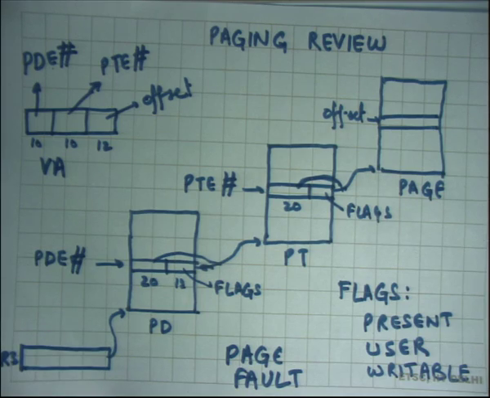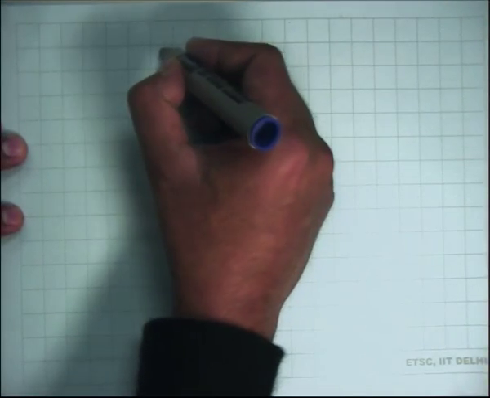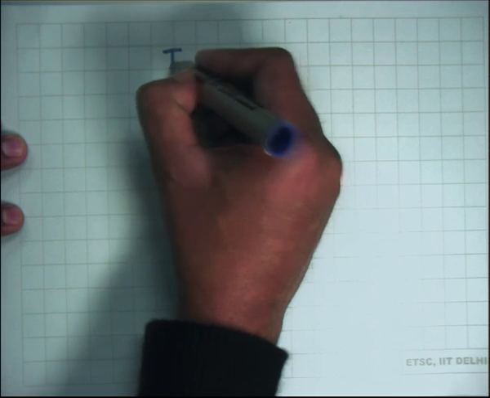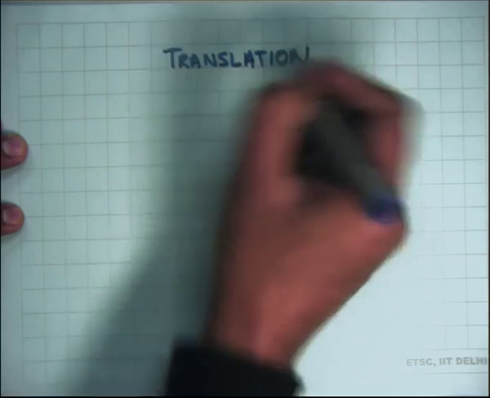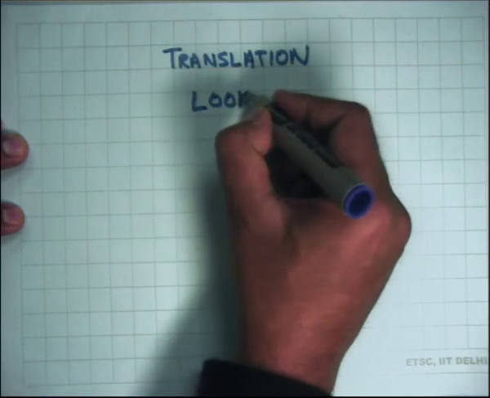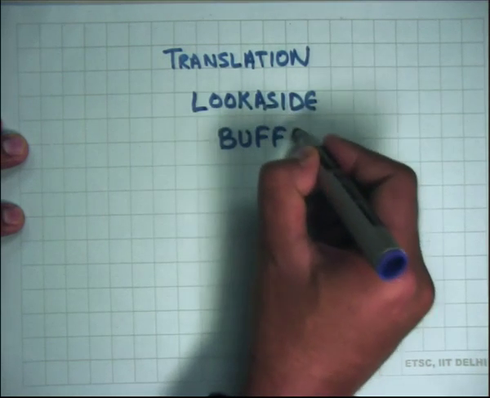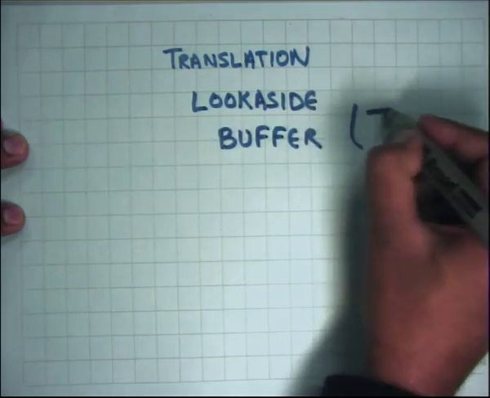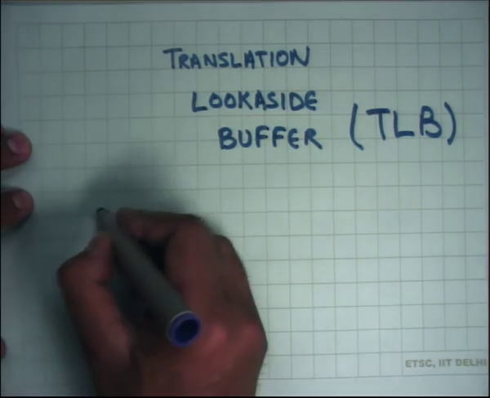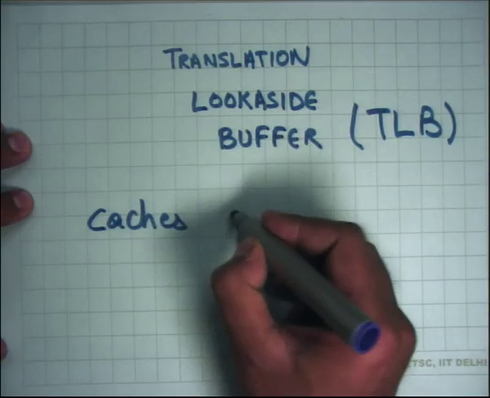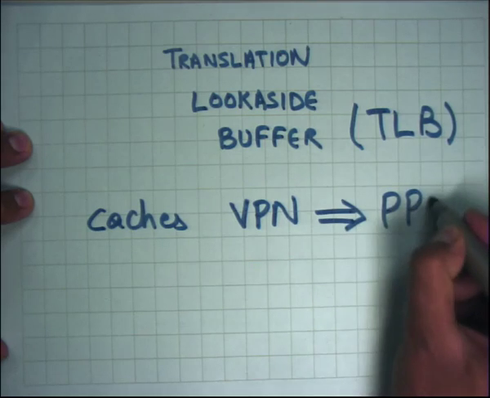Similarly in paging also there is caching involved, and there is a special cache called the translation lookaside buffer, or TLB for short. This caches VPN (virtual page number) to PPN mappings.